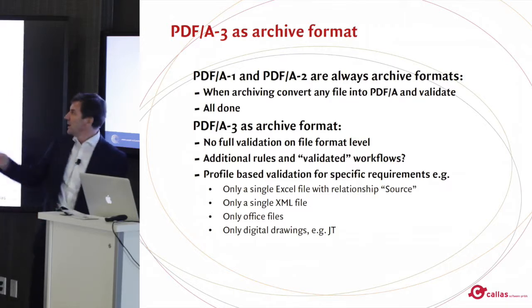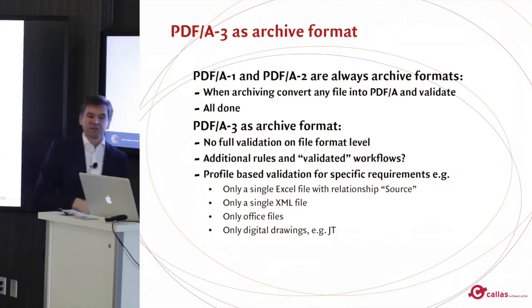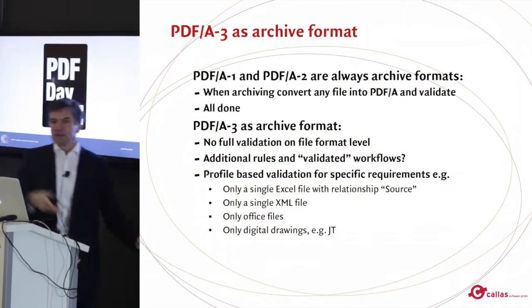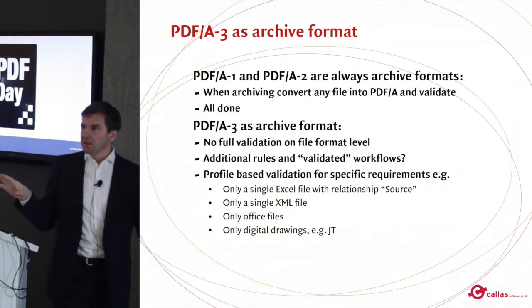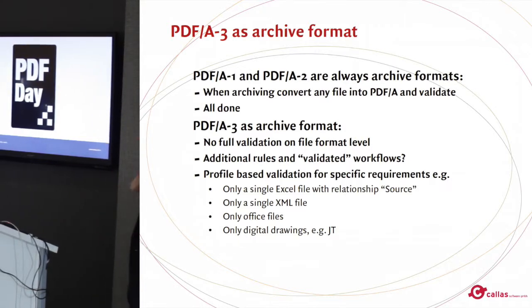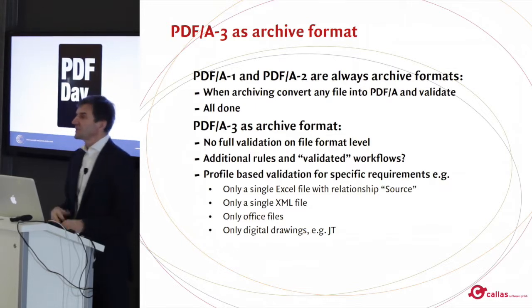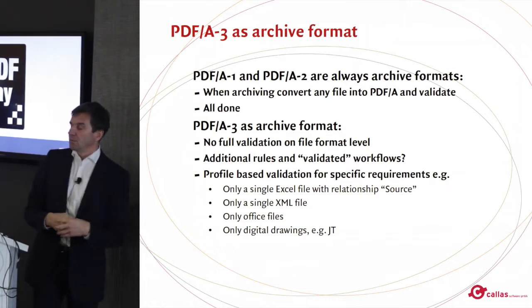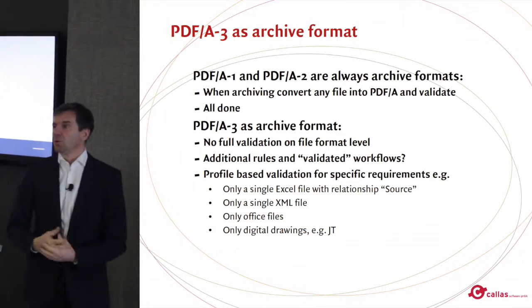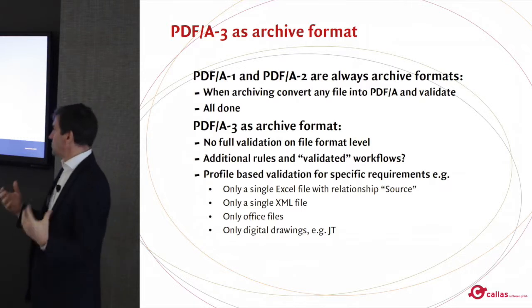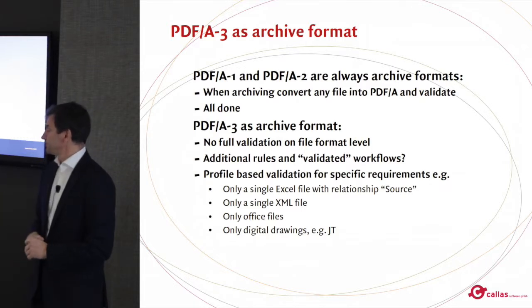So it's not like with PDF-A1 and PDF-A2 where you just say, okay, I validate the whole thing and then it's done, I'm safe. From an archive standpoint, you would want to apply additional rules that are individual and specific to your solution and to your own processes.